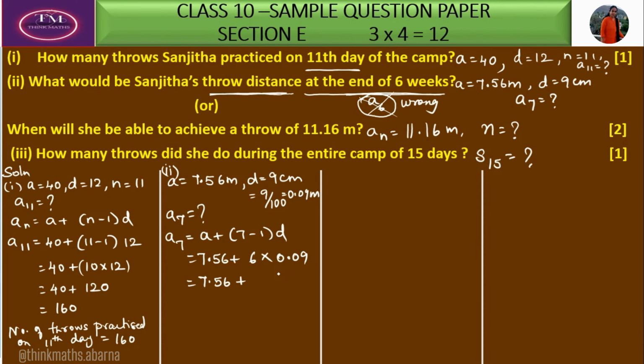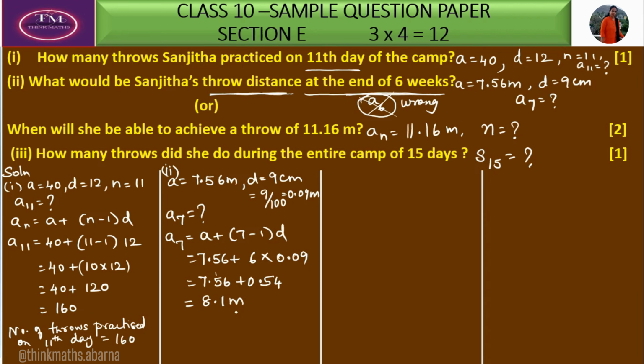So first 7.56 plus, then we have to multiply. 6 nines are 54. So the decimal is before two numbers. So put your decimal here. It is 0.54. So if we add 7.56 and 0.54, it is 8.1 meter. Okay, children? 6 plus 4, 10, balance 1. 5 plus 5, 10 and 11. So and balance 1, so it is 8.